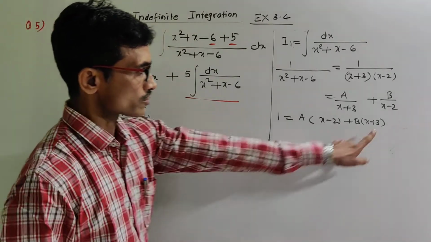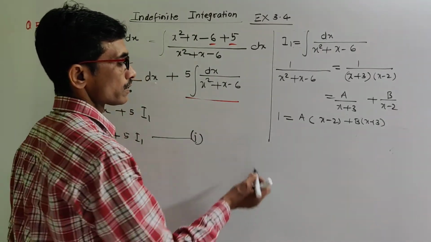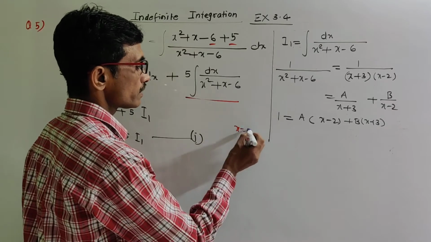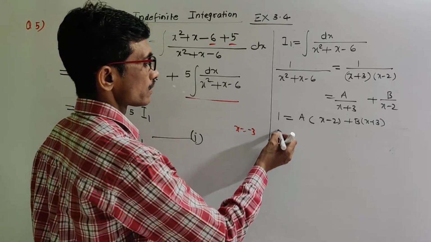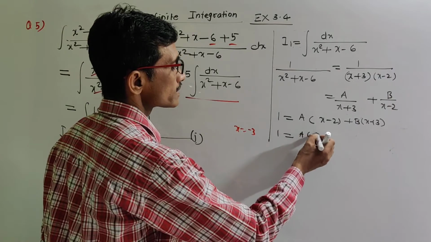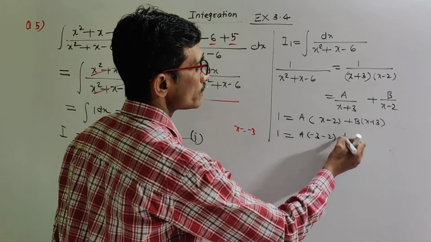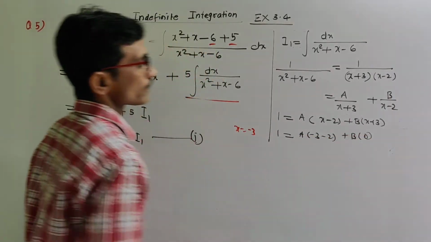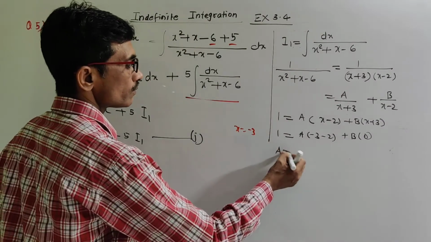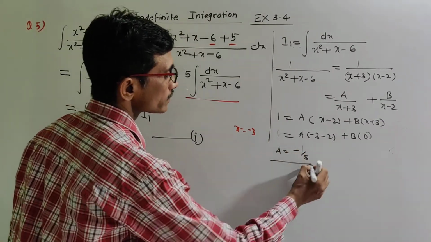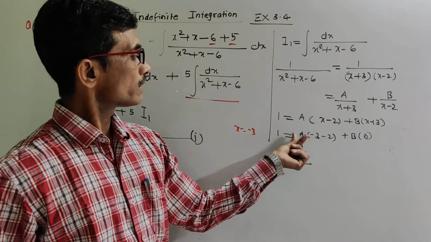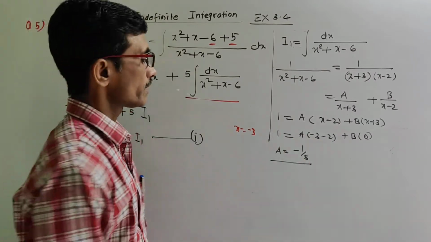If we put x equals to minus 3 over here, then 1 is a into minus 3 minus 2, and the other term will be 0, so that a will be equal to minus 1 upon 5. This is minus 5 and a will be equal to minus 1 upon 5.